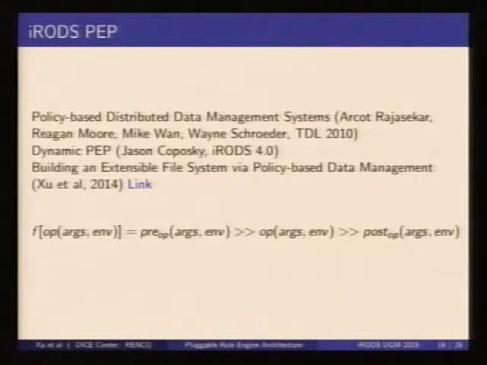So you have a request coming in that says operation, arguments, environment. And what iRODS does is, before you do this operation, it generates a pre-rule call and a post-rule call. These are rule calls, not the actual rule. You have defined the actual rule. So you generate the pre-rule call and the post-rule call, and you can do a lot of stuff here.